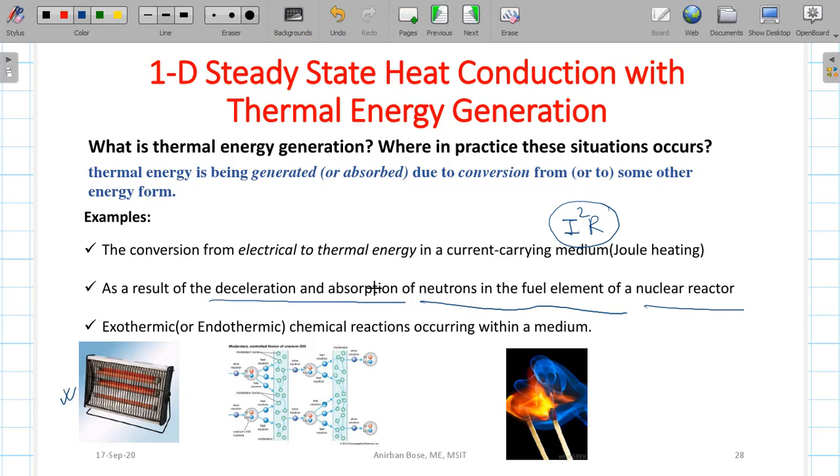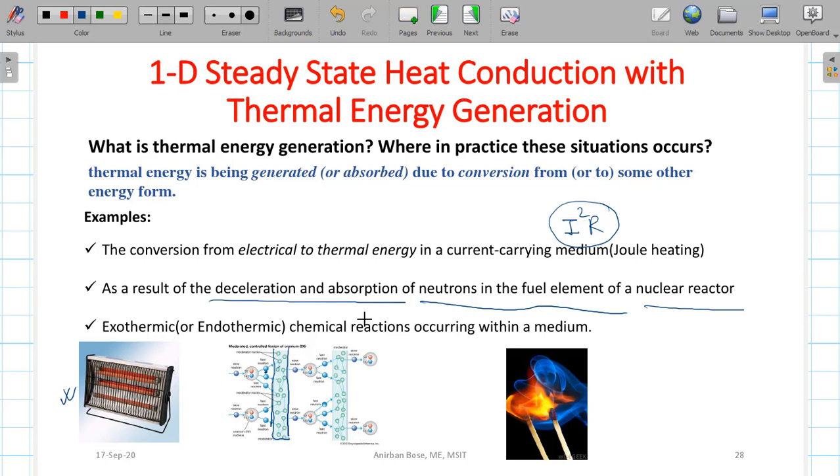In this way energy is generated within the fuel rod. Since the neutron is absorbed, heat energy is generated, and that heat energy is utilized to create steam or something else in nuclear reactors.